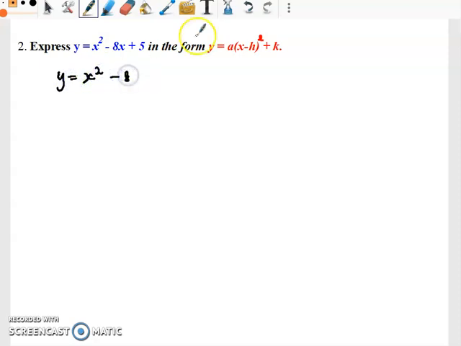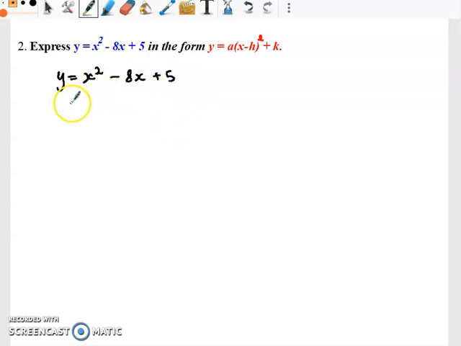Once you pay close attention and go through the different steps, it's really simple if you spend the time to actually learn it. So we're going to write this function in this form over here, and as I said earlier, this is the vertex form, and we're going to make a sketch of the vertex for this solution.